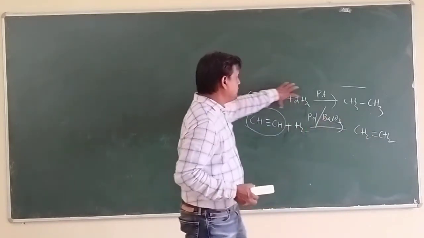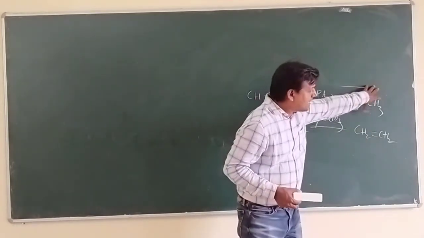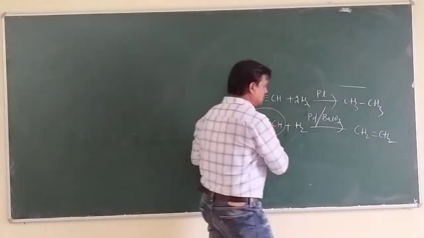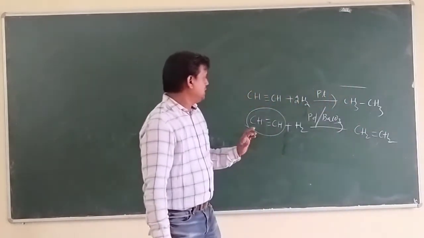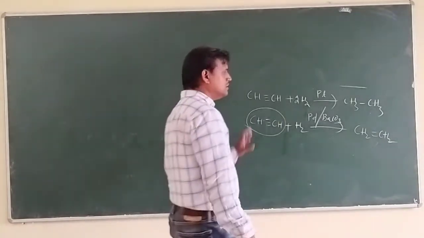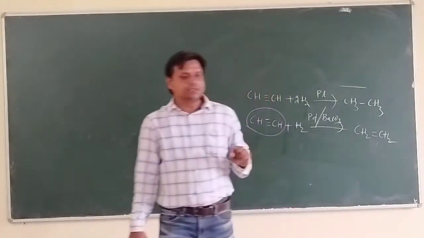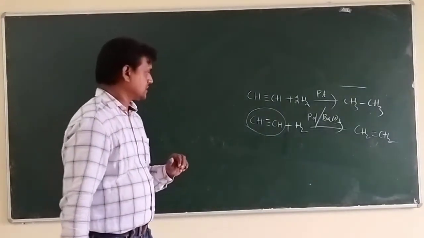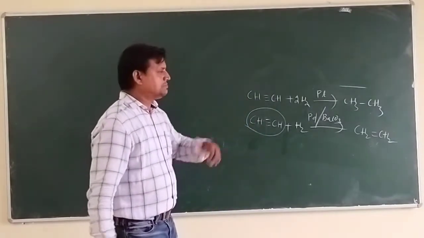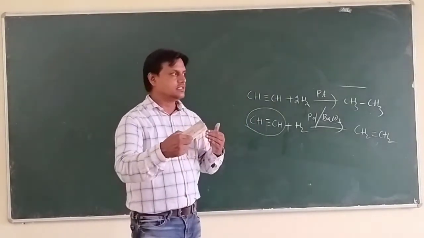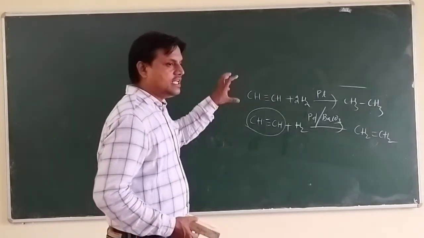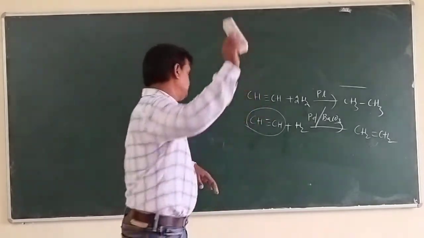From acetylene we are getting alkane in the presence of catalyst platinum. From acetylene we are getting alkene in the presence of palladium and barium carbonate. Okay, so this is called the selectivity of the catalyst. A change in catalyst means a change in the formation of product. This is called the selectivity of the catalyst.